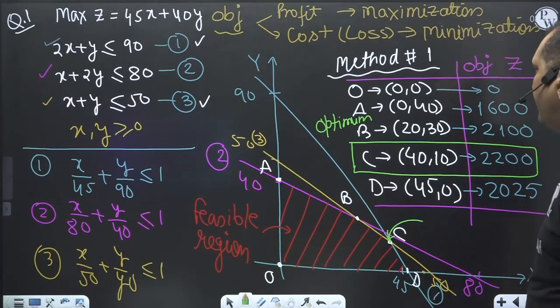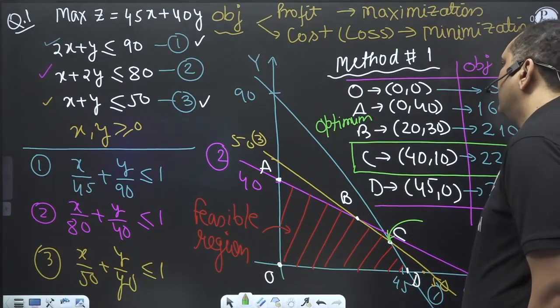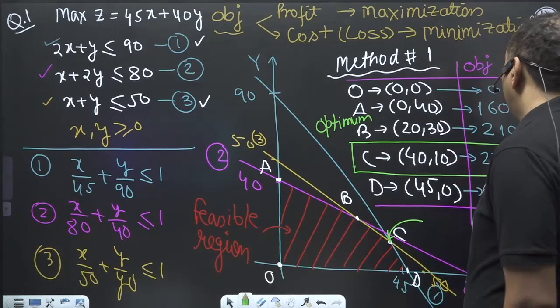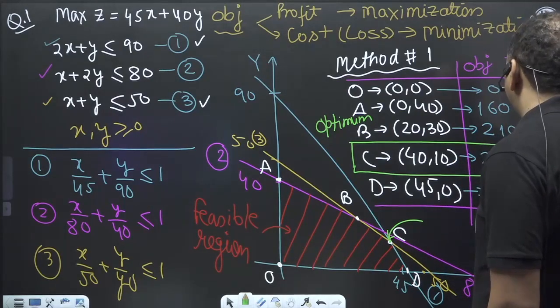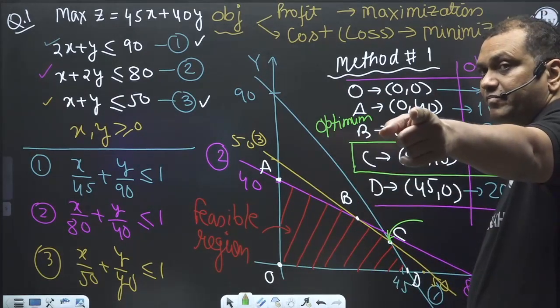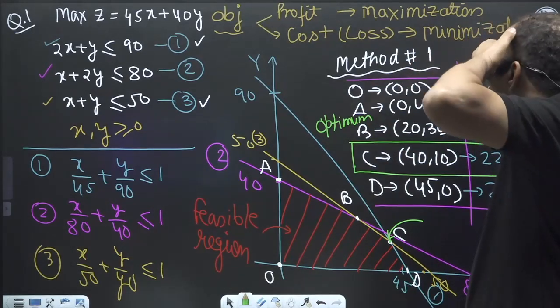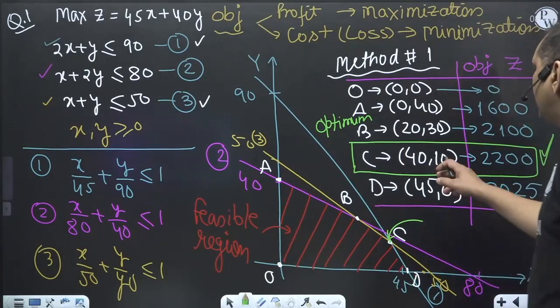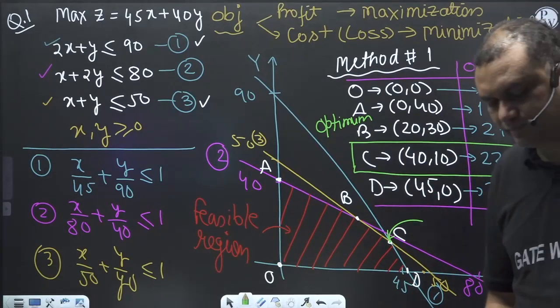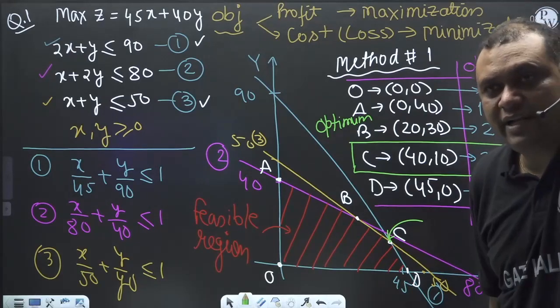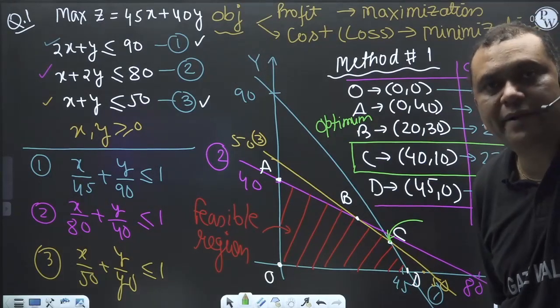Your optimum point is (40, 10). This is the problem number 1 that we have done. It's a little important point. Please focus on the board. (40, 10) is the optimum point.